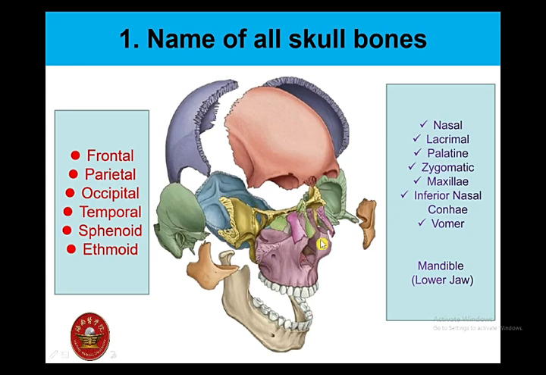So these bones are making the facial skeleton. So 8 in the cranial and the 14 bones we got in the facial skeleton. Mandible is making the lower jaw.